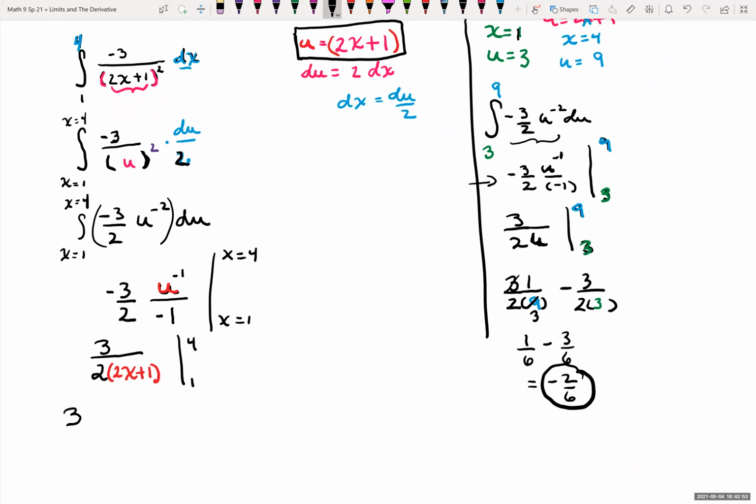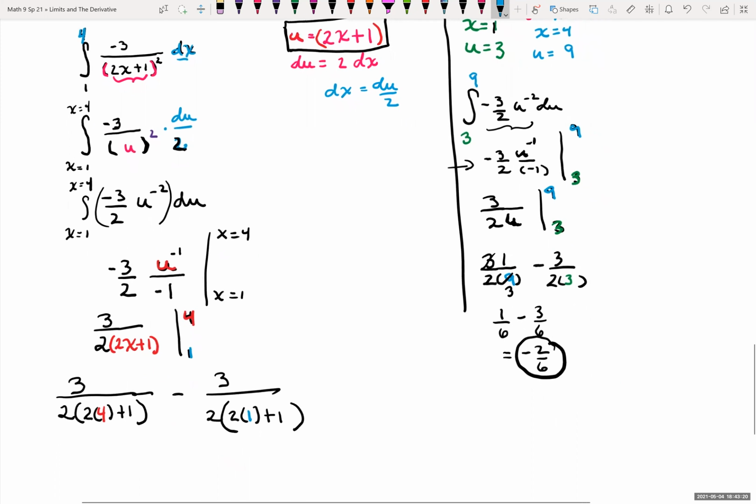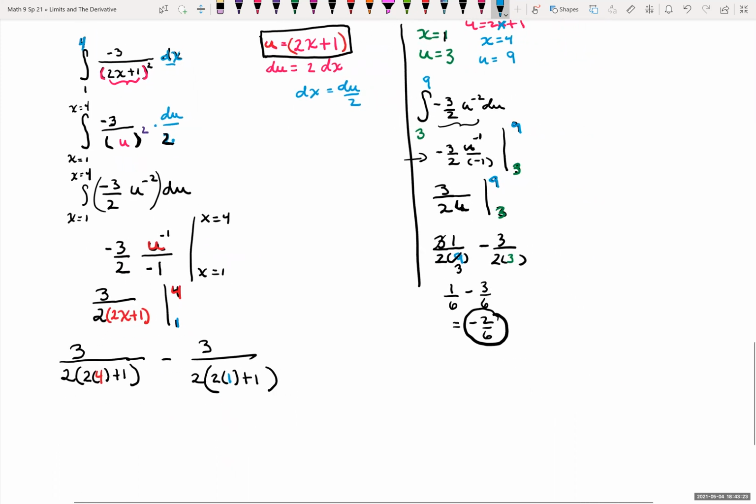So when we go in, we're first going to plug in our upper bound. So 3 over 2 times (2 times 4 plus 1), minus 3 all over 2 times (2 times 1 plus 1), since I see an x, I'm going to put in 1. So now if I simplify, I should get the same result as I got over there.